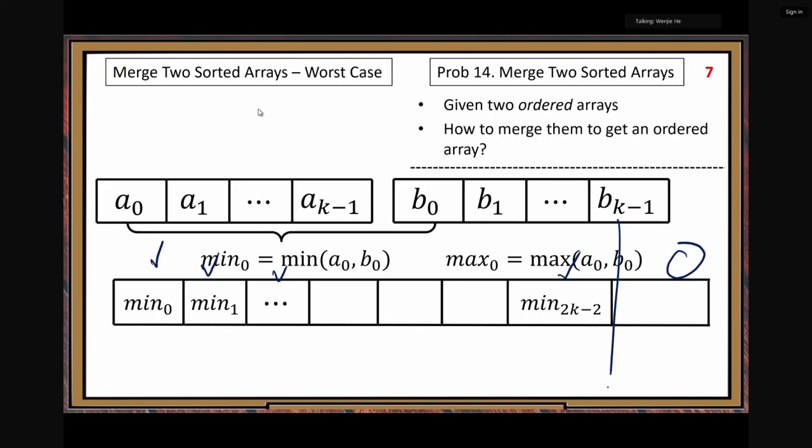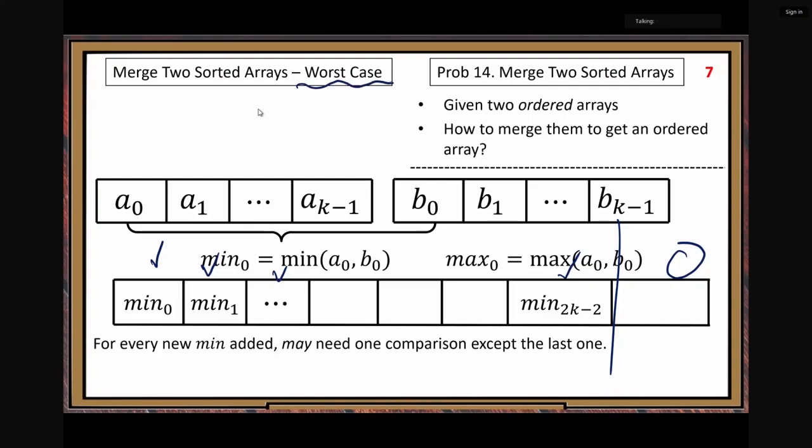For every new min added, we may need one comparison, because if you do not get the worst case, you can do better, right? Later we will see we can do better.